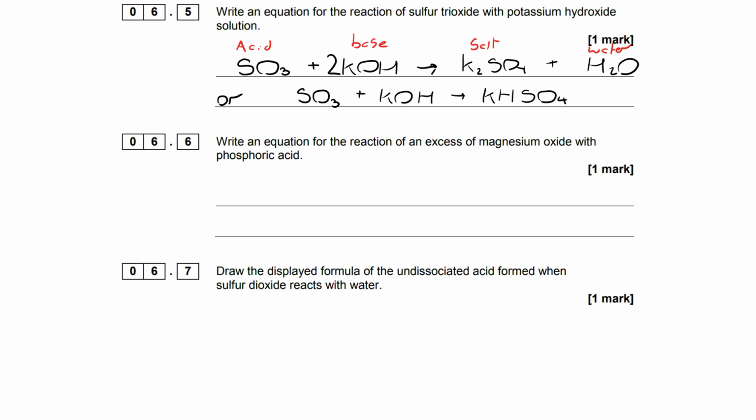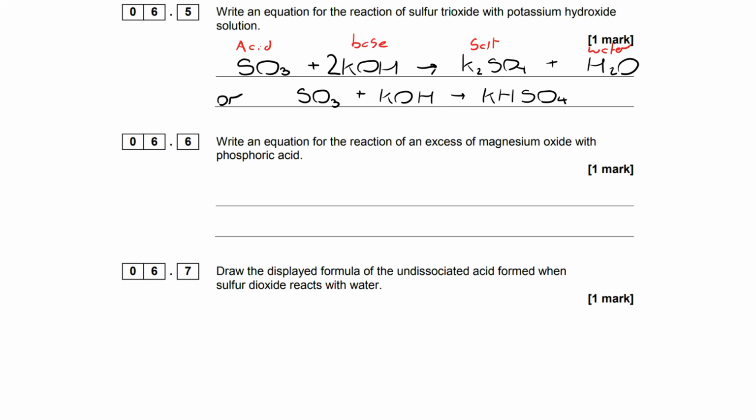There is an alternative here that is accepted, and you will be familiar with hydrogen sulfate salts, and they often come up when you're looking at the reducing ability of halides, where we react the halides with concentrated sulfuric acid. So this would be acceptable as an answer as well.